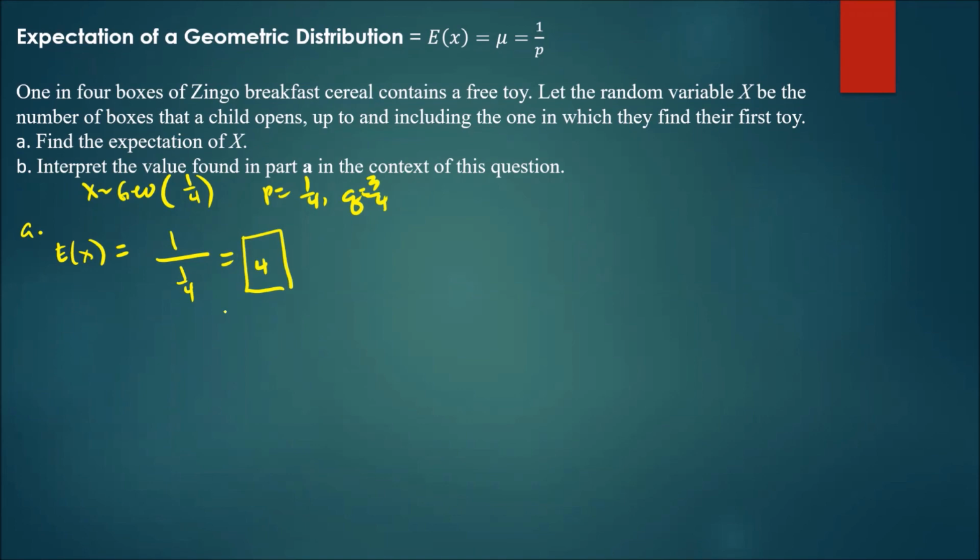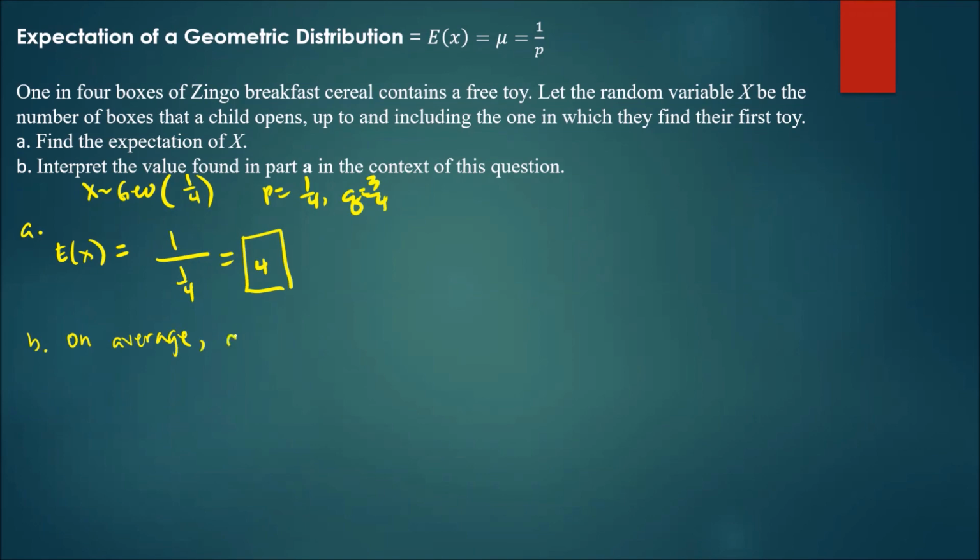Now, interpret the value found in part A in the context of this question. So in interpreting that, we can say that on average, because that is a mean, right?